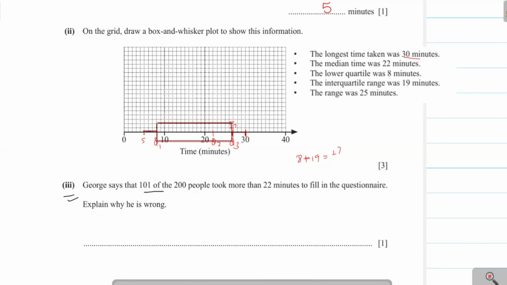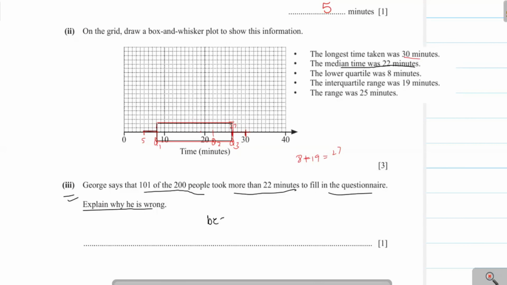Question 3. George says that 101 people took more than 22 minutes to fill in the questionnaire. Explain why this is wrong. Look here, the median time was 22 minutes. It means that 100 people took 22 or less than 22 minutes. Therefore, it is not possible for 100 people to take more than 22 minutes.